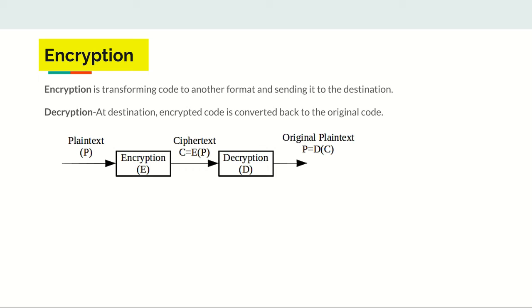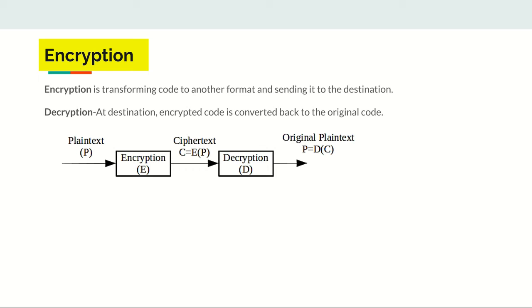It is indicated by E. And C is a function of P. P is converted to some format, so it is C. C is sent to the other end, and it is decrypted.